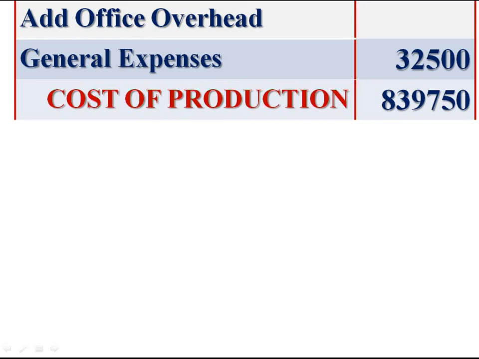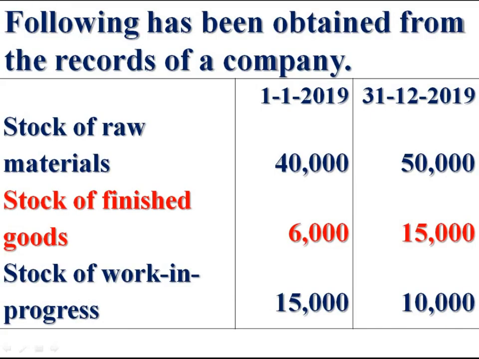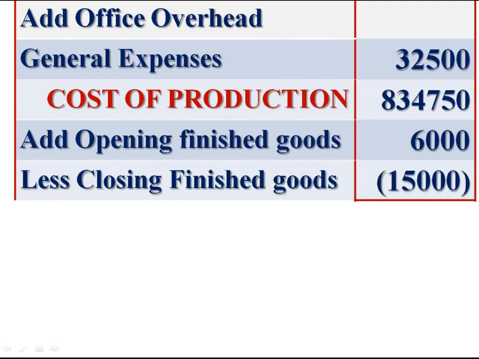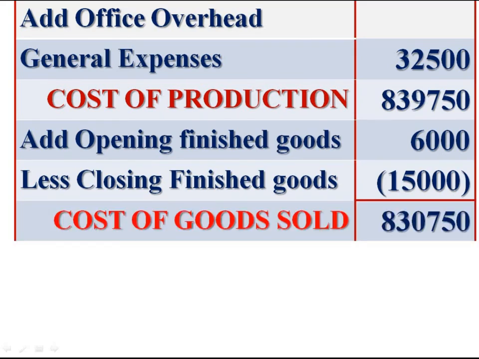With cost of production, we have to adjust stock of finished goods. The open stock of finished goods rupees 6,000 is to be added and closing stock of finished goods rupees 15,000 is to be deducted from cost of production to get cost of goods sold. Now we get cost of goods sold 8,30,750.